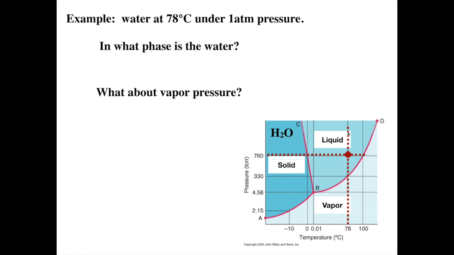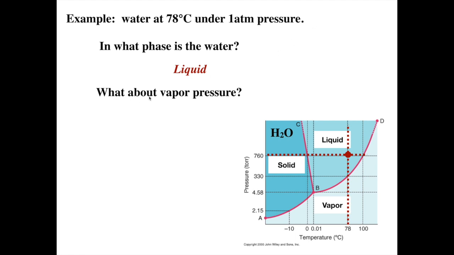So I've added these lines here. You would say, oh, we're at 78 degrees, 1 atmosphere, 760 torr, and that places us right here in the liquid region of the phase diagram. So the answer would be a liquid, and we use the y-axis as the total pressure.